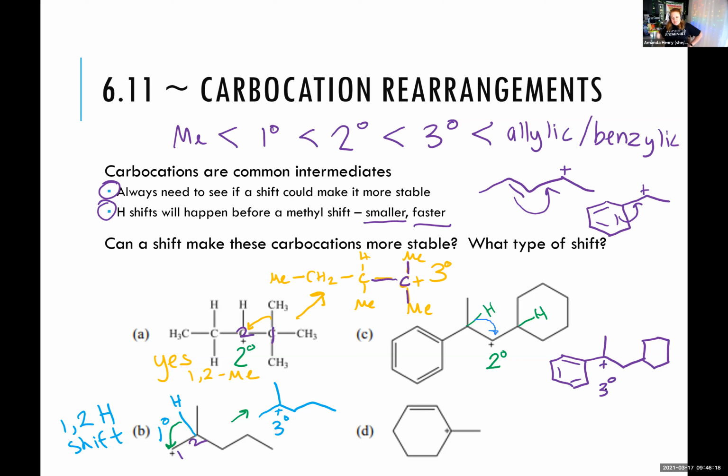So good guess, but it's not the ring that's preventing it. It would create a double bond if it shifted over, so it wouldn't really do anything. With all of these, we're just moving the hydrogen or the methyl over. We're not going to make double bonds with any of these. Is it because that one has resonance? Exactly. So this isn't just tertiary. This is tertiary benzylic.